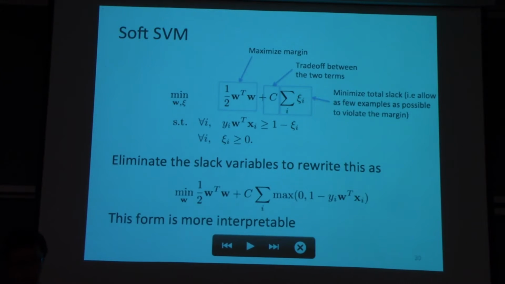Let me show you this equivalent minimization problem, and I will explain why it has this form. The claim is these two optimization problems are equivalent, but the second one doesn't have any constraint anymore. It is an unconstrained minimization. The second term is a max function. Just choose the max between the two. So let me explain how we get from the first optimization problem to the second.